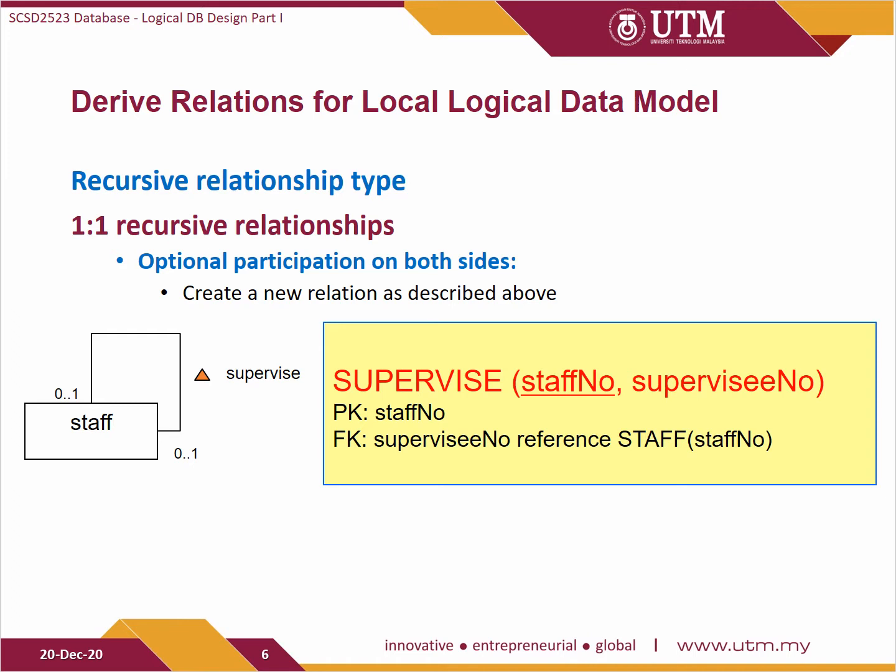The supervised entity has the attributes staff no and supervisee no. Your primary key is going to be staff no, and the foreign key is supervisee no, referencing your staff entity with the staff no attribute.